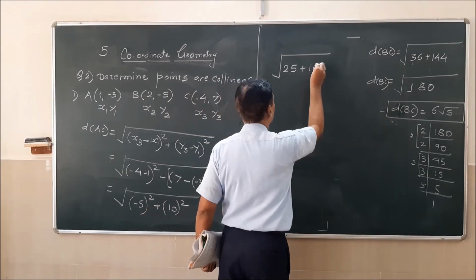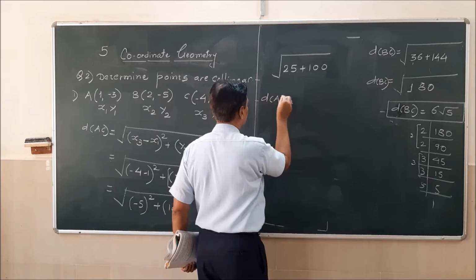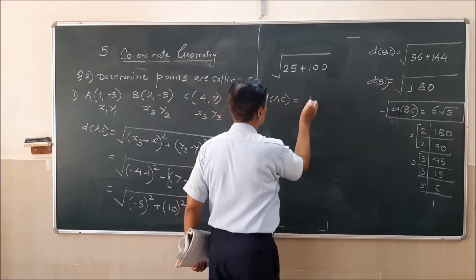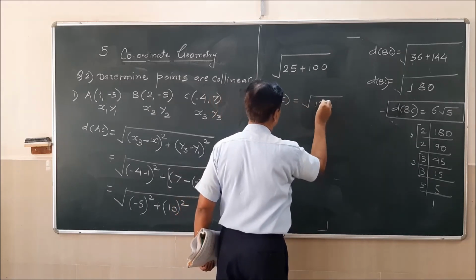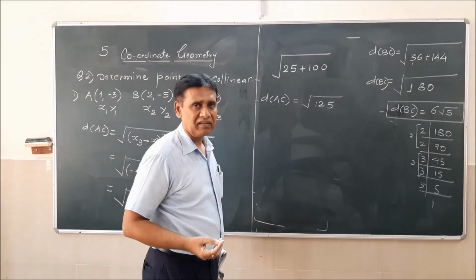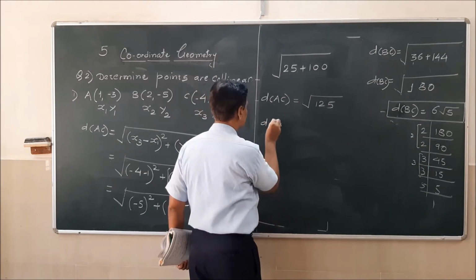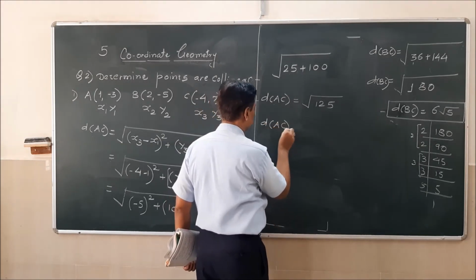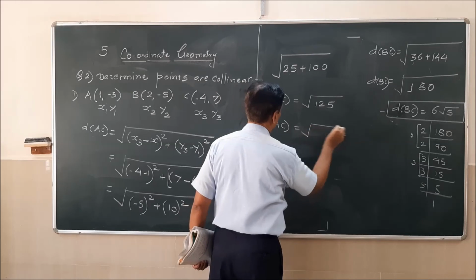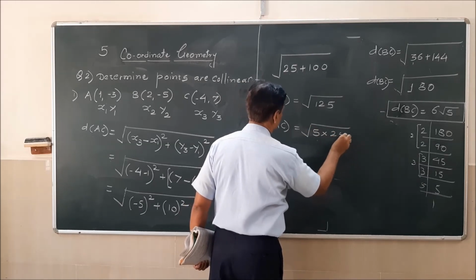So 100 plus 25, distance AC is equal to the square root of 125. This number 125, you can write it as 5 into 25, so distance AC is equal to the square root of 5 into 25.